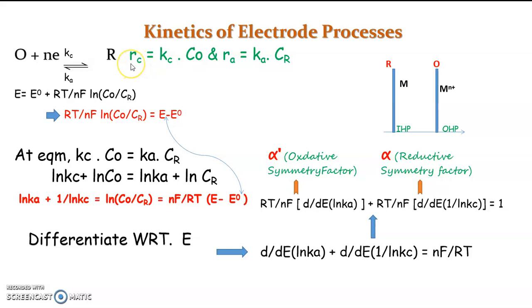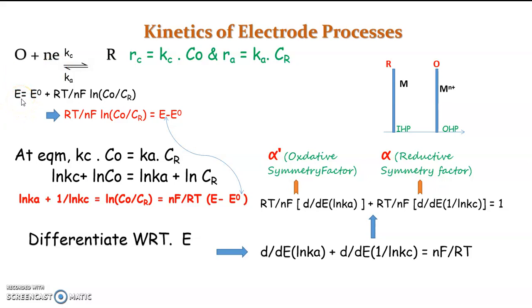From the kinetics, you know the equations: the rate of the cathodic process, the forward reaction, can be written as Kc into the concentration of oxidant, and Ra equal to Ka into the concentration of reductant.